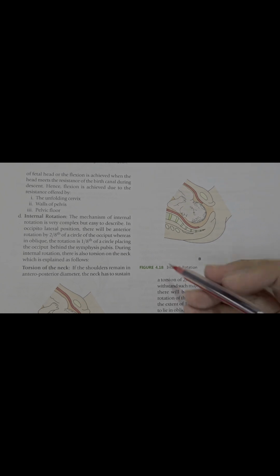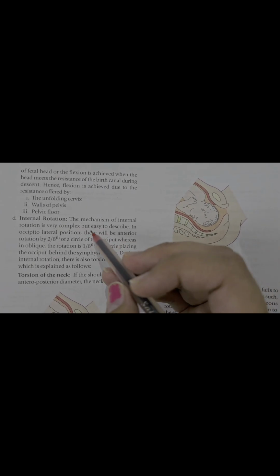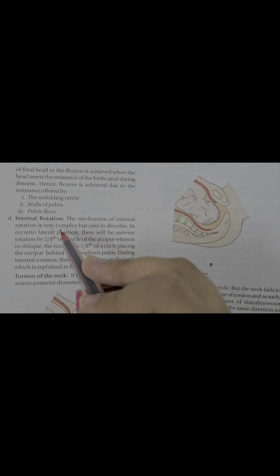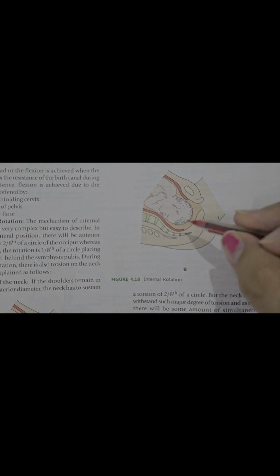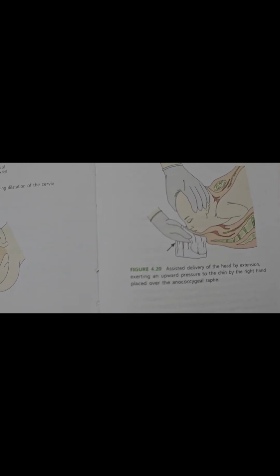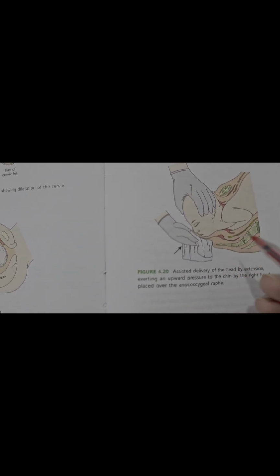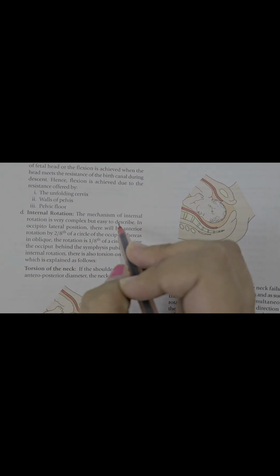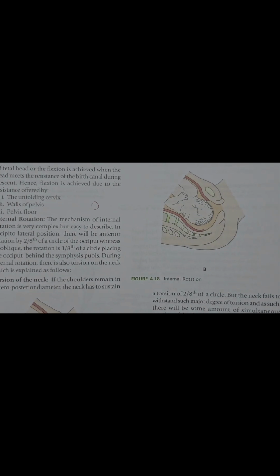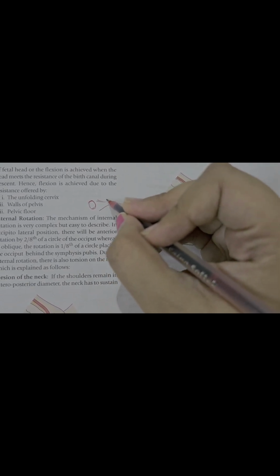So in internal rotation, what happens? It is very complex but easy to describe. As you can see, the head needs to come out, like a ball that needs to come out through a smaller gap.